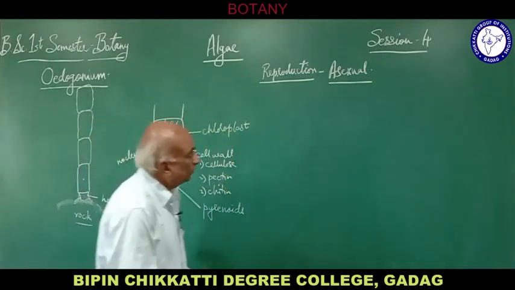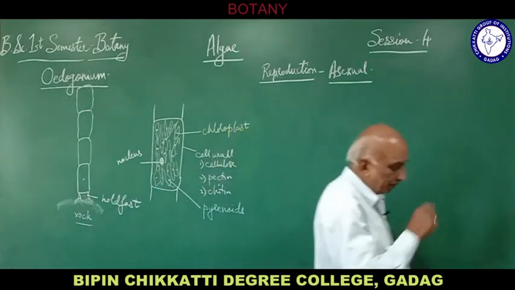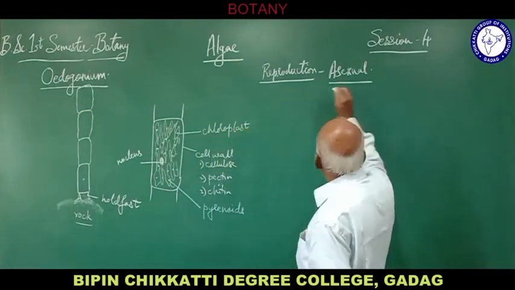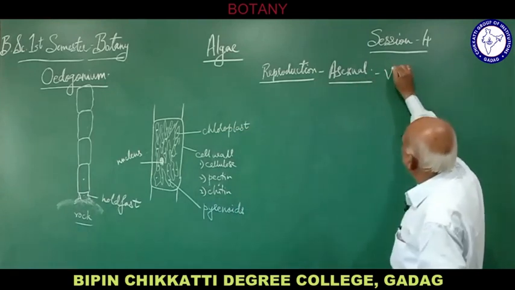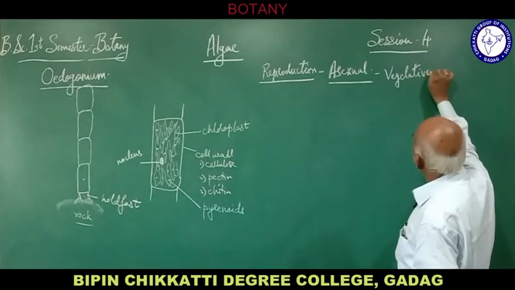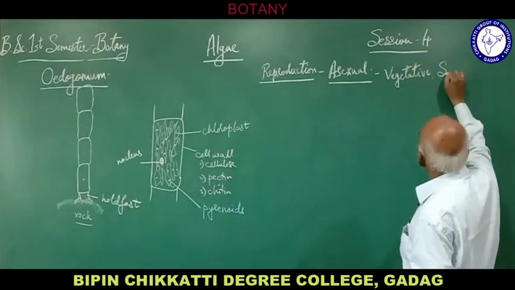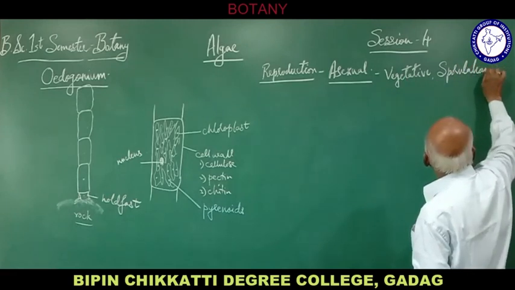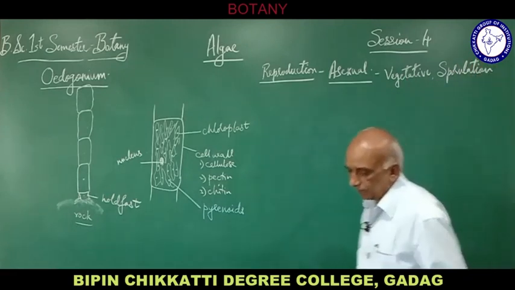Asexual reproduction in Oogonium takes place by the vegetative method as well as sporulation. So the vegetative method and sporulation are the two methods of asexual reproduction.